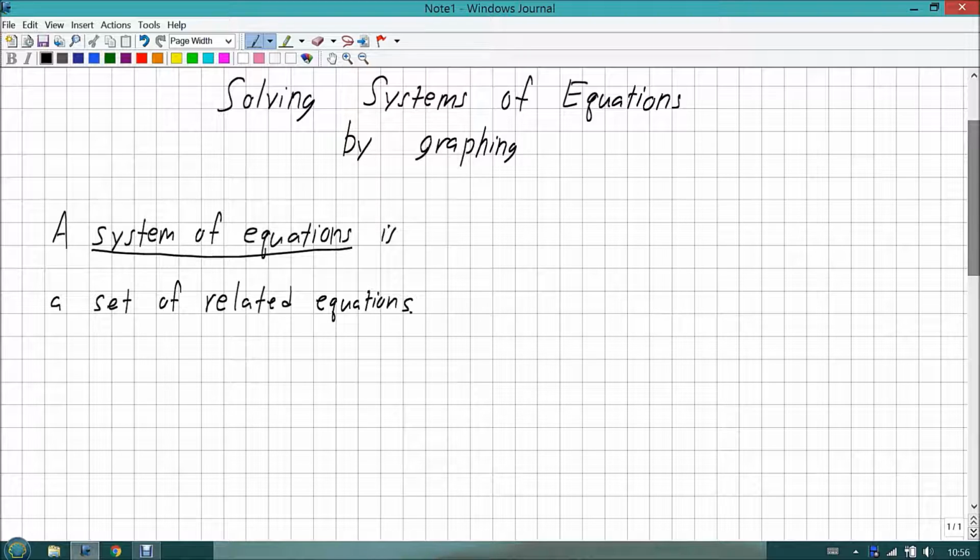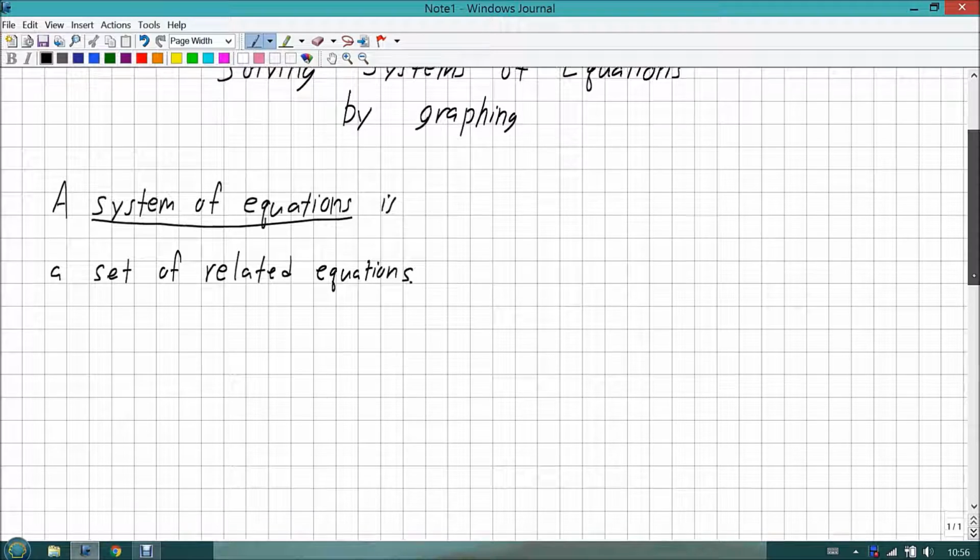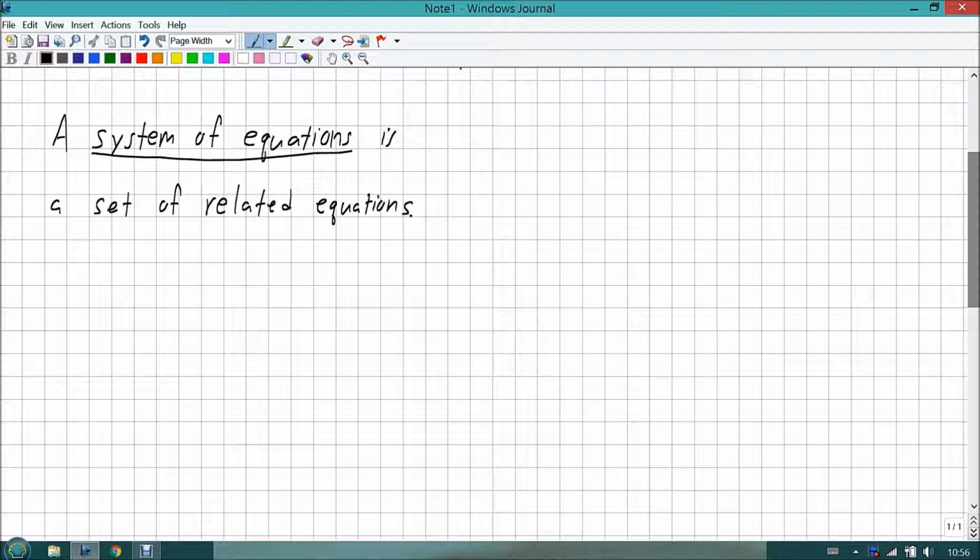So a system of equations has a solution. Let's write down what a solution for a system of equations would be.